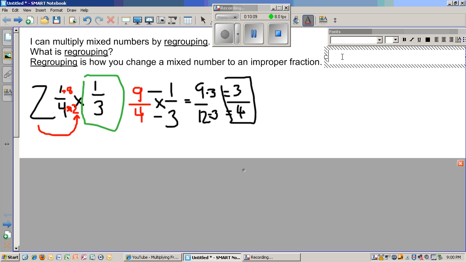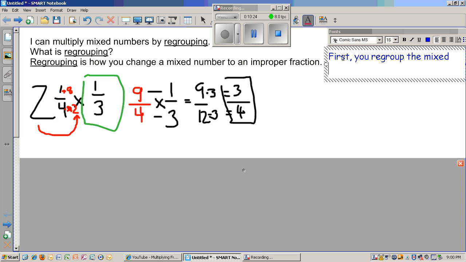Let's go through the steps. First, you regroup the mixed number into a fraction, right?